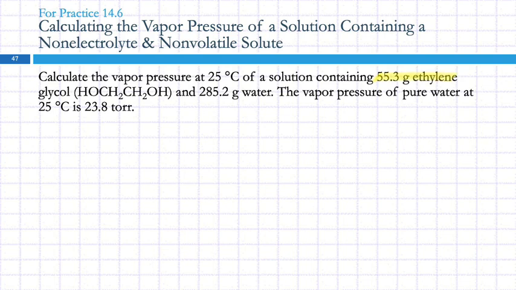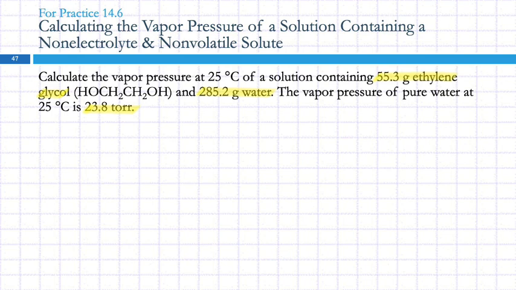So 55.3 grams of ethylene glycol, 285.2 grams of water, vapor pressure of pure water, 23.8. The 25 here and the 25 there are not going to come into the calculation. But you have to use the vapor pressure for the temperature of the solution, right? It has to be at the same temperature.